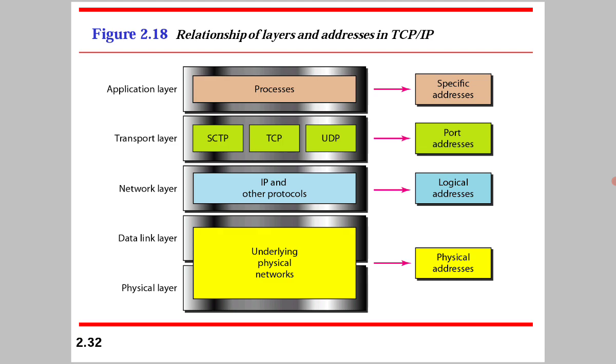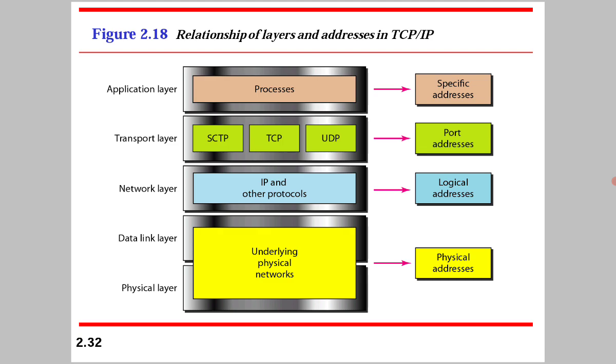Physical addresses are generally used in the physical layer and data link layer in the TCP/IP model, and logical addresses means IP addresses, logical IP addresses, and other protocols used in network layers. And port addresses means different ports are used to connect different applications.